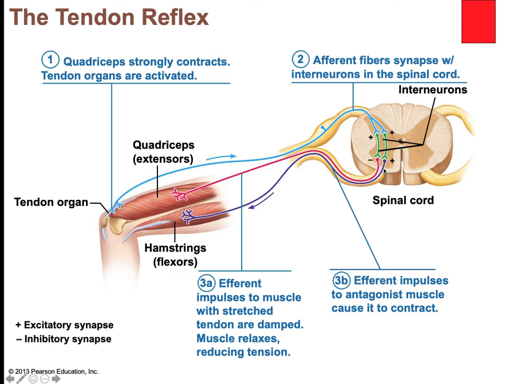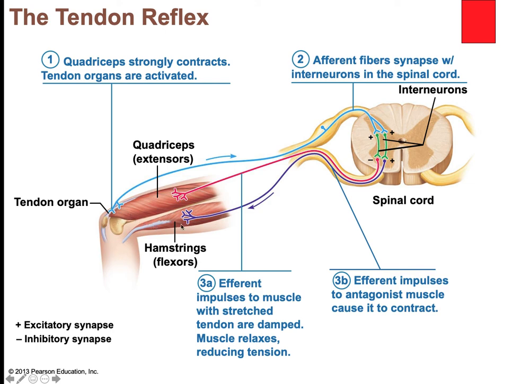One is going to cause the efferent impulses of the antagonist muscle to contract, right? So the hammies will contract while the quadriceps will relax, okay? So what that's doing, right, is that's removing some of the tension from the quadriceps tendon, right?